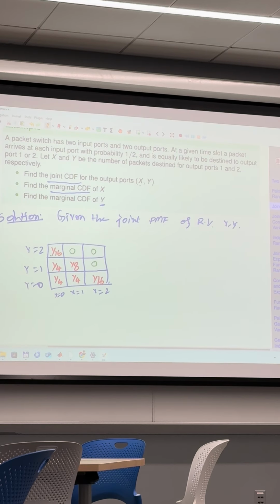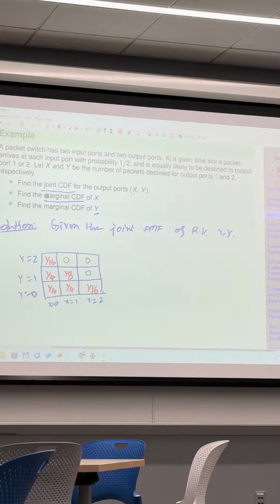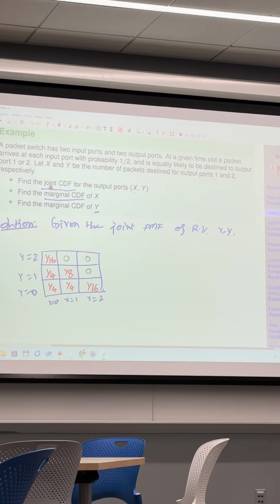So we have this joint PMF, but we are to find the joint CDF.